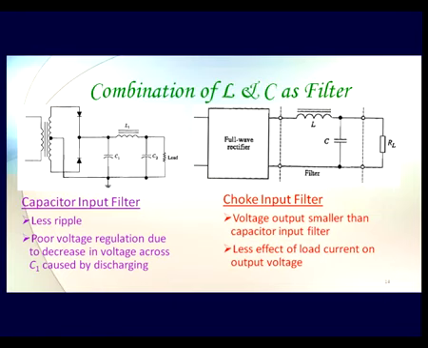But if there is any change in the load current, then the effect of that change will be very less on the output voltage. So output voltage will be quite stable irrespective of change in the load conditions, because in case of capacitance filter, if you remember, the load change was affecting because of change in the discharging time of the capacitor. But in this case this is not going to be the case, and so we are going to have lesser effect of the change in the load on the output voltage.